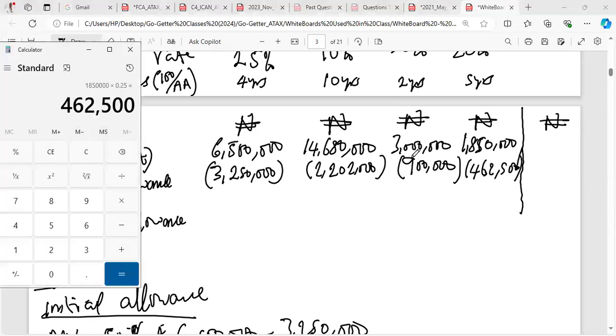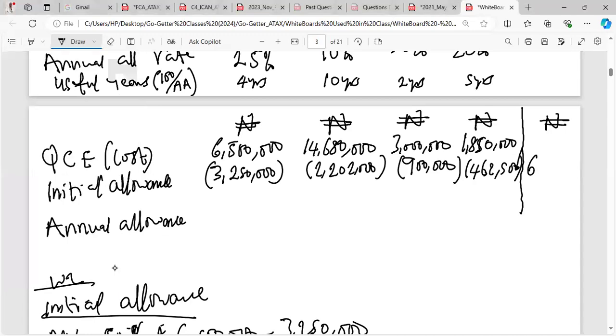So I already have 462,500. I will now add from right to left. I'll add 900,000 to it, then 2,202,000, then 3,250,000. I have 6,814,500.